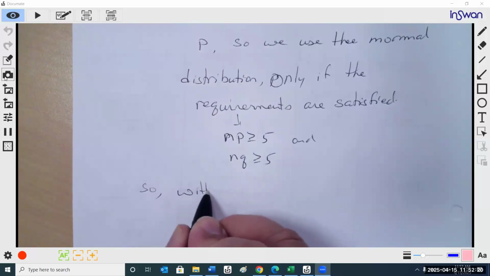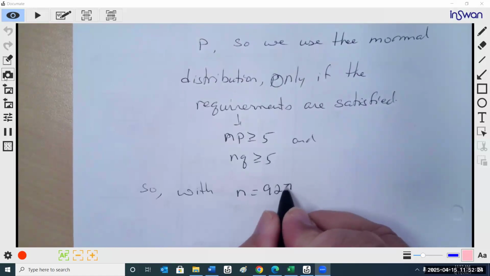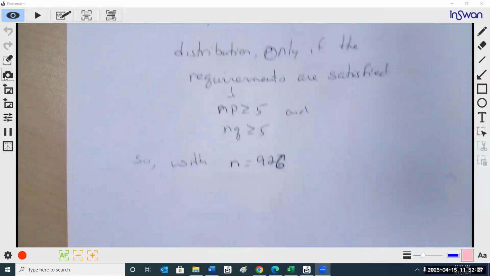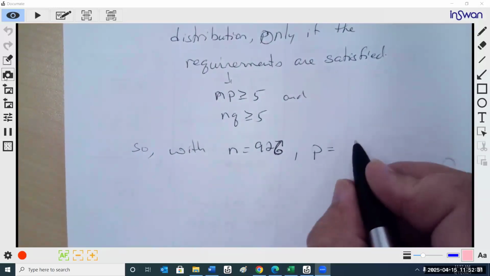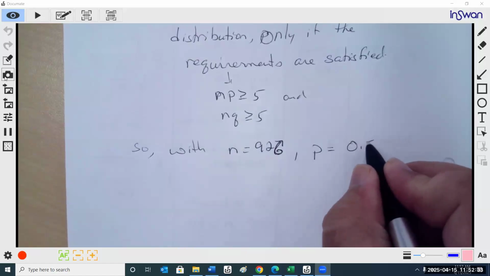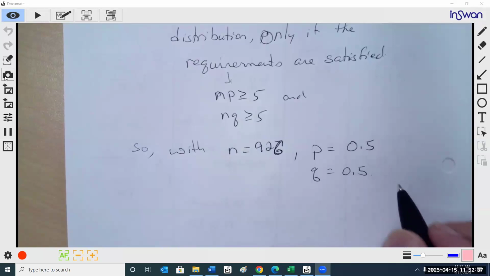So if we had n equals 926, p is equal to 0.5, that means q is equal to 0.5.